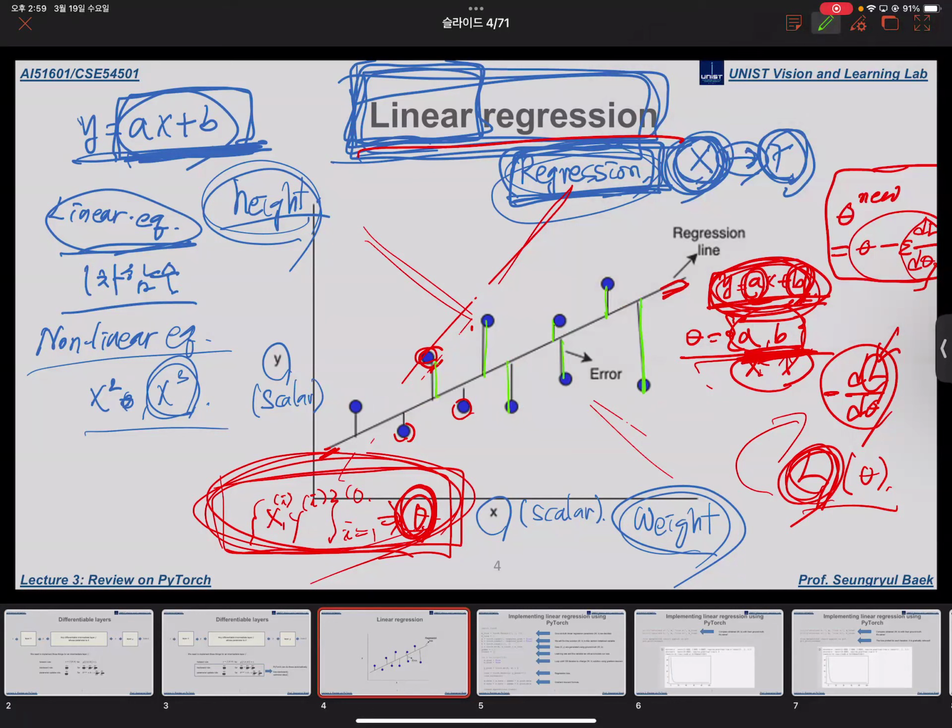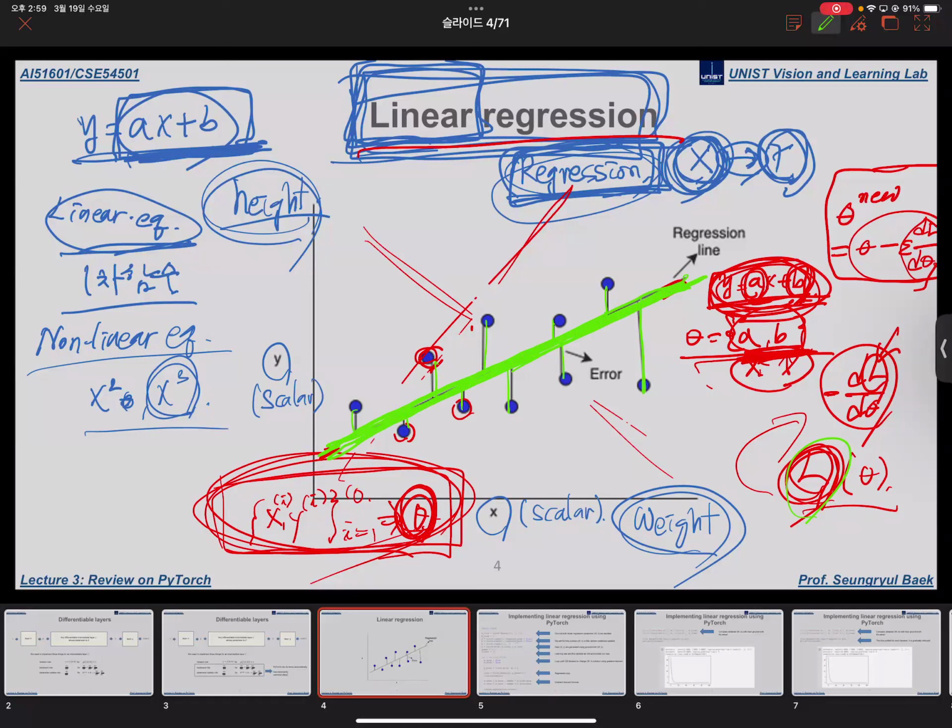the figures are having this kind of line, and that is actually meaning this loss, okay? The distance, because we assume that the initial data had the linear relationship between input X and output Y, we assume that the data should lie on this regression line.